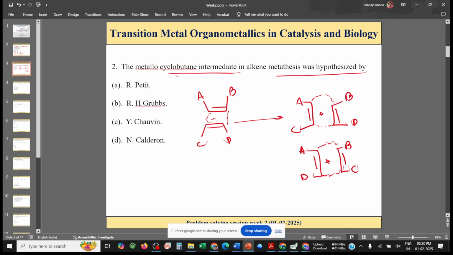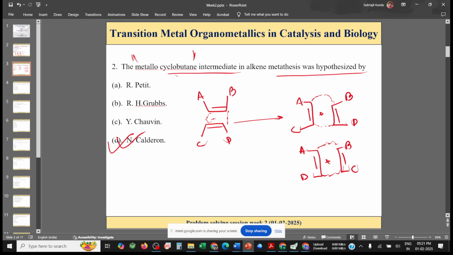So this was a hypothesis of the mechanism of the metathesis reaction. The first hypothesis, the metallocyclobutane intermediate, was proposed by Chauvin.